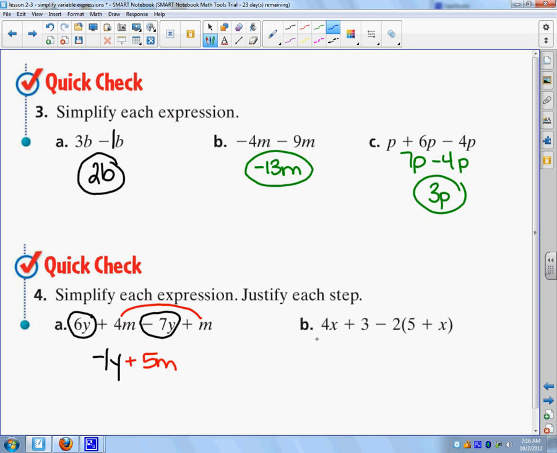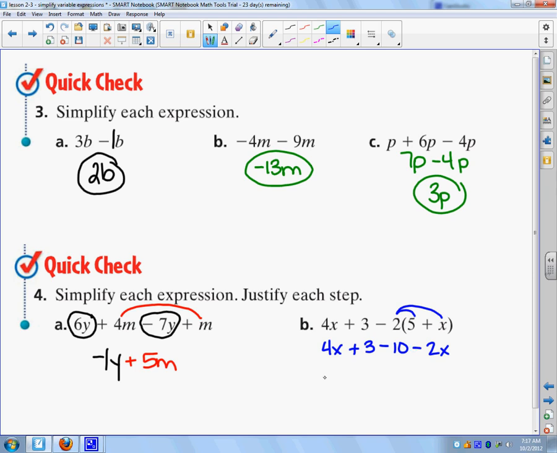Now, this next one is kind of tricky because you have order of operations right here. So I have to distribute this before I can solve the problem. So I have 4x plus 3. Now, that's a negative 2. So I'm going to do negative 2 times 5 is negative 10. And negative 2 times x is negative 2x.